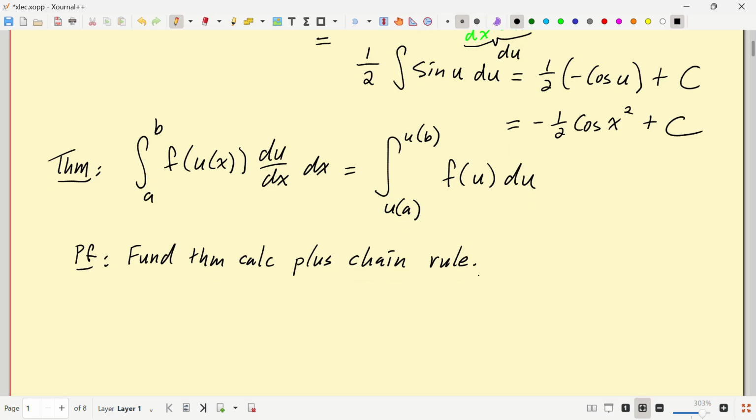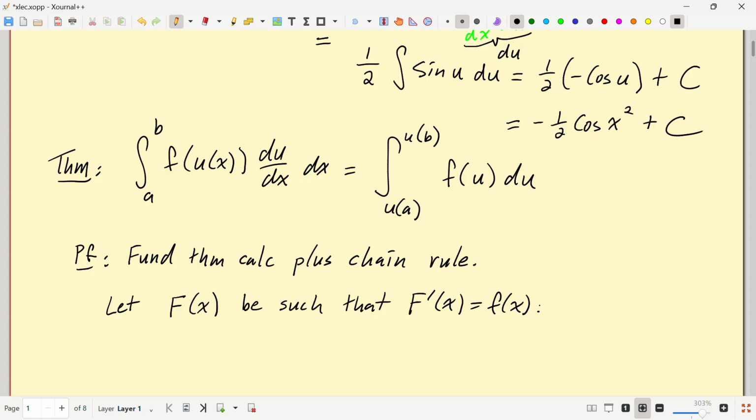To make this look like the chain rule, we know that there's an antiderivative of f given by the indefinite integral. So let's let capital F of x be an antiderivative, so be such that F prime of x equals f of x.